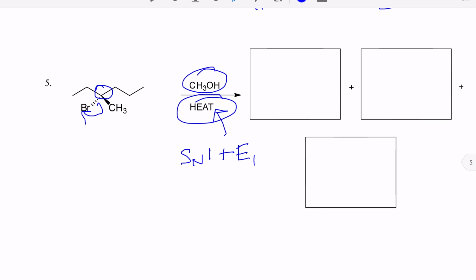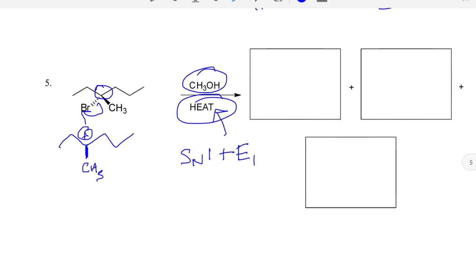And what we're left with is essentially a tertiary carbocation. So this tertiary carbocation now is subject to two fates. The first fate is SN1, right?